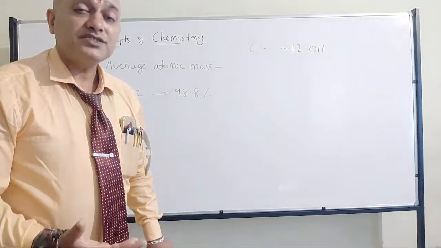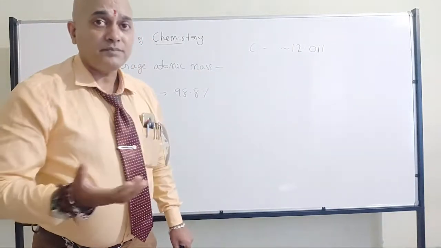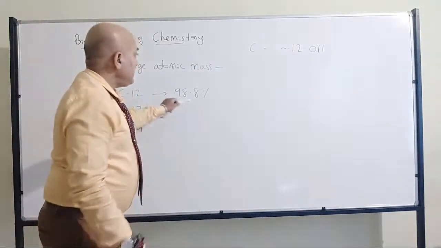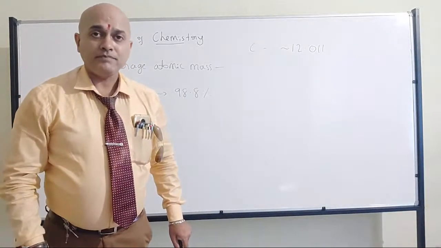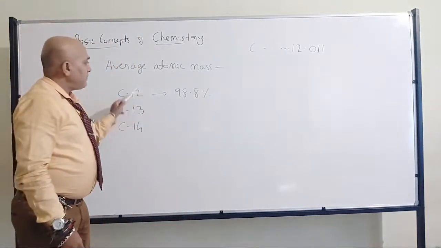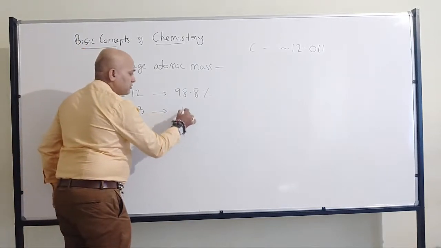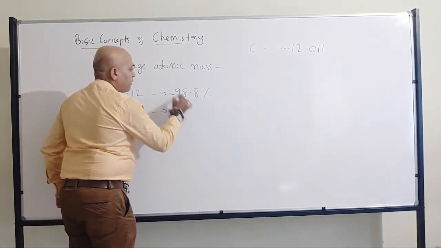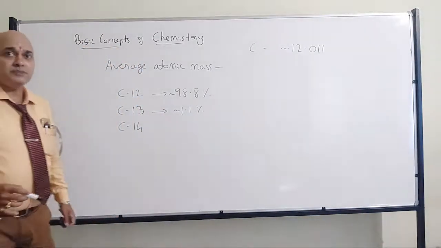Fine. So if I take 100 gram of carbon in nature, 98.8% will be carbon 12 type. Got my point? It will be carbon 12 type, the abundant one. After that comes carbon 13, which will be somewhere around 1.1%. I am writing an approximate value.